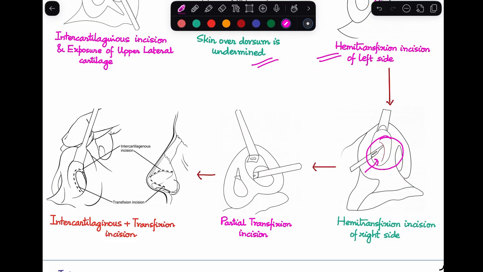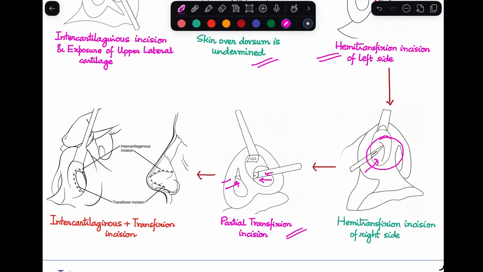This conversion is what is known as a transfixion incision. So the transfixion incision is made just in front of the caudal edge of the septal cartilage, as you can see over here. We'll pass it through and through from the right side to the left side.